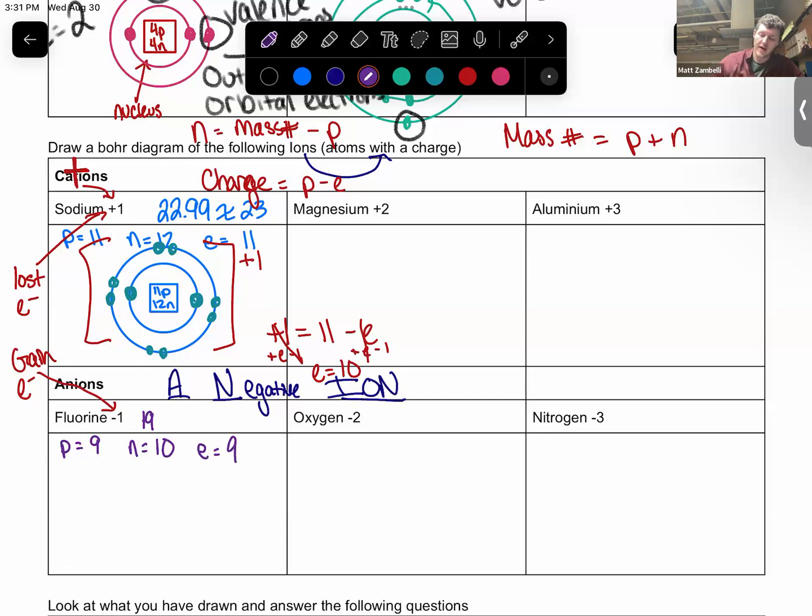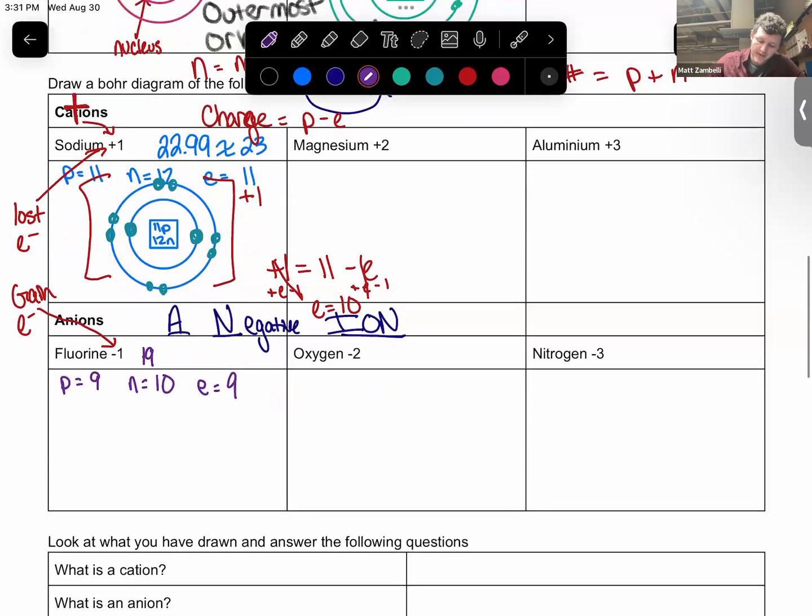All right, so if we draw this one, we have our nucleus, and we have our 9 protons and our 10 neutrons. And it's in the second row, so we need 2 rings.